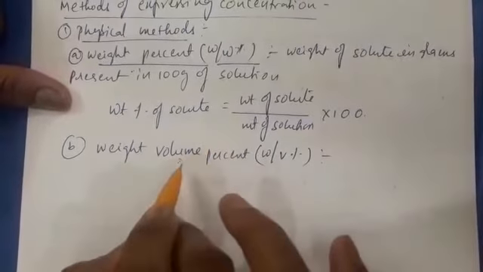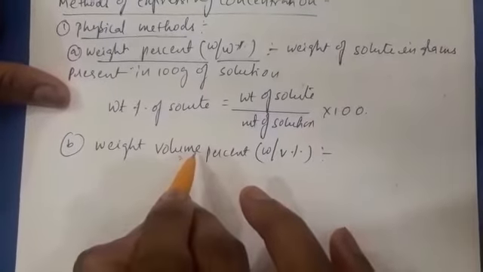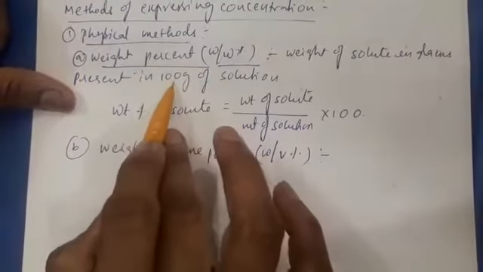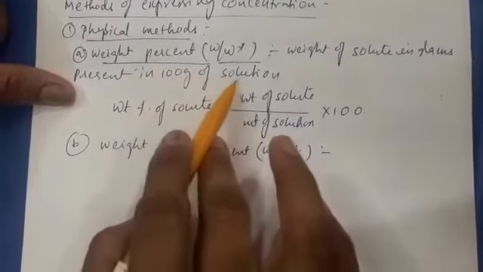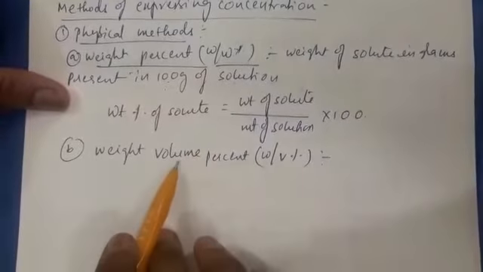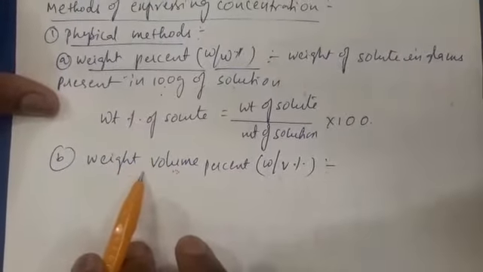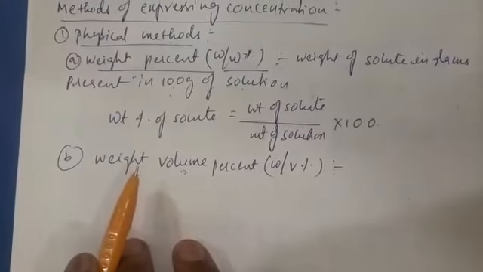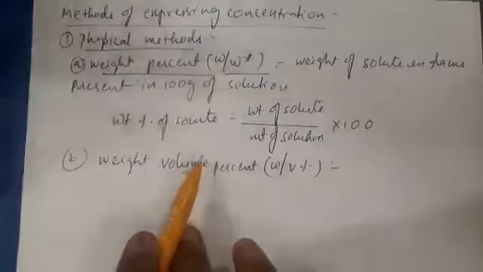Here the solution is expressed in volume, whereas in weight percent the solution is expressed in terms of weight. So the weight of solute in grams present in 100 ml of a solution is called weight volume percent of solution.